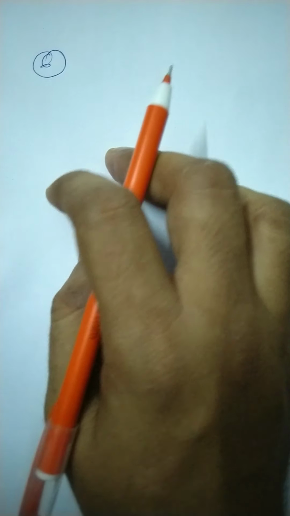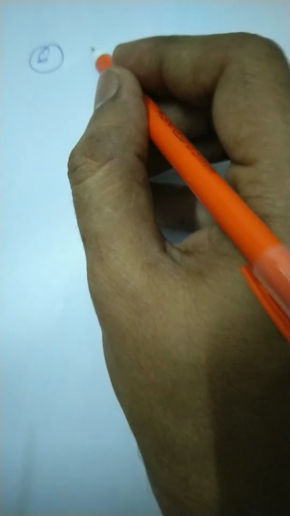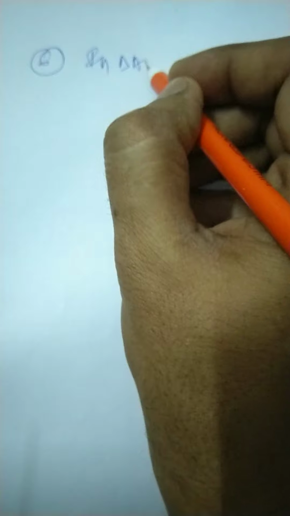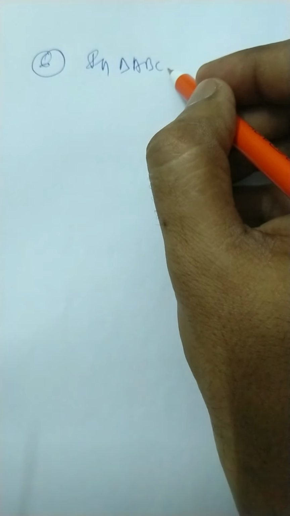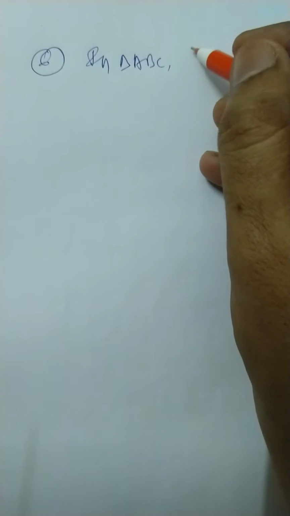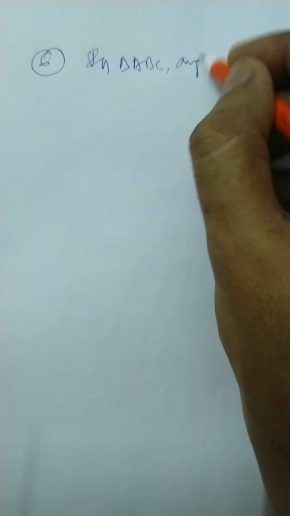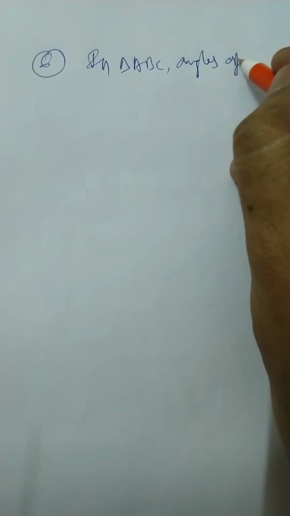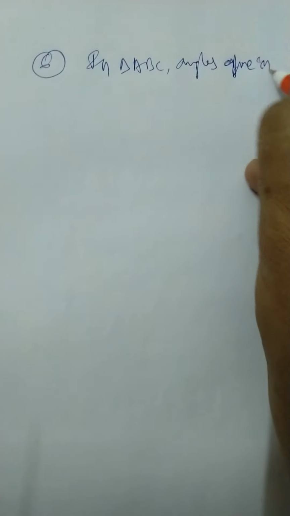Now take this problem 6.1. In a triangle ABC, the angles are in AP, arithmetic progression.